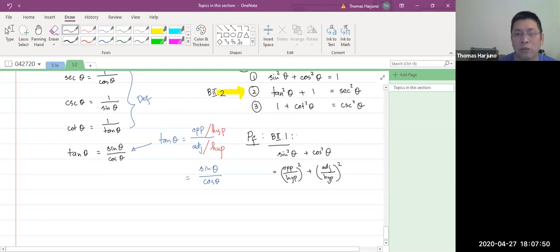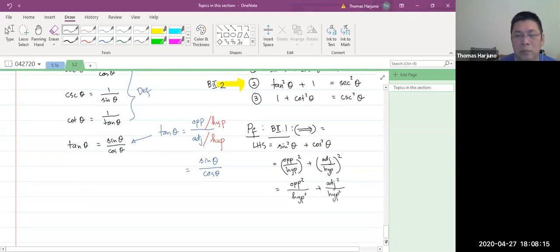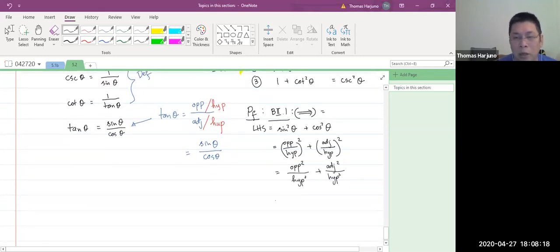You will see that I actually prove it from the left-hand side. On the top I get opposite squared over hypotenuse squared plus adjacent squared over hypotenuse squared. I put them together in this common denominator, hypotenuse squared at the bottom.